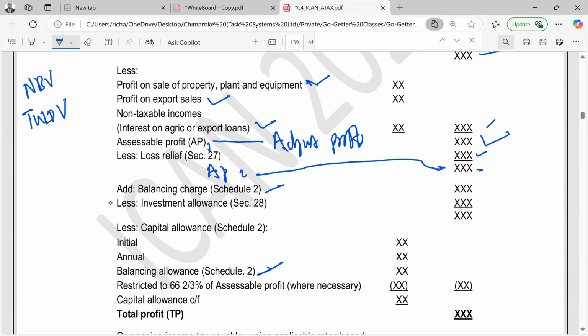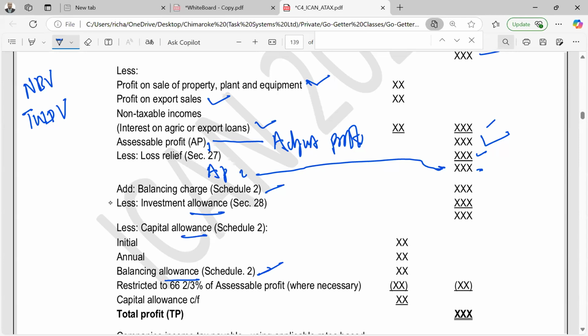But for your exam, you will still be seeing investment allowance, so we'll talk about it. Anytime you see allowance, allowance, allowance, they are all part of capital allowance, and they are going to be less or grouped together. So you see, investment allowance is being done.